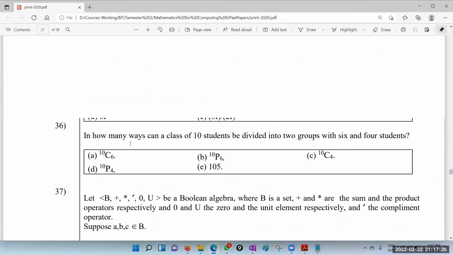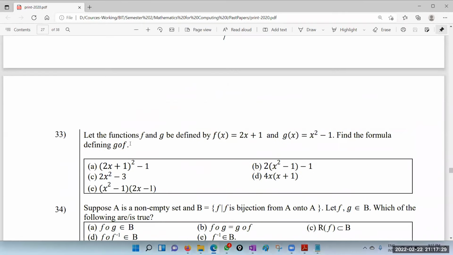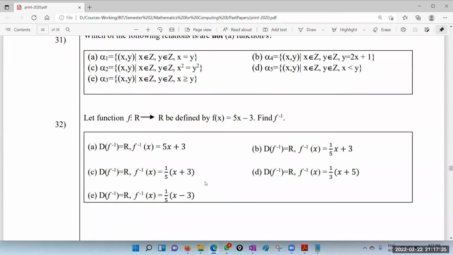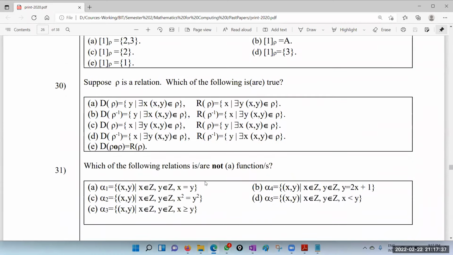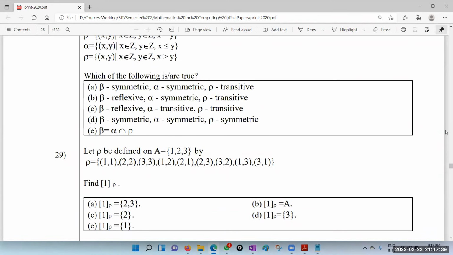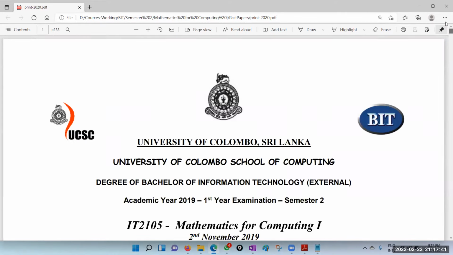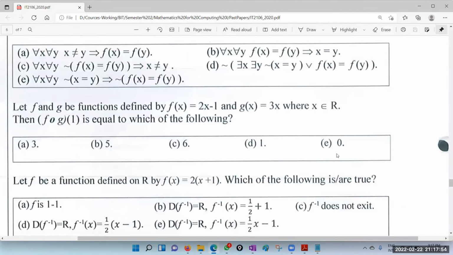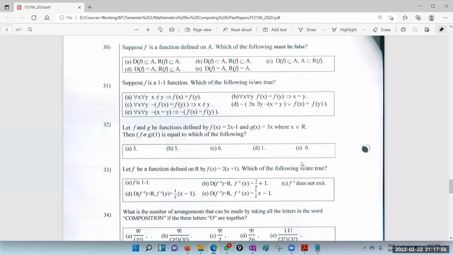Yes, 33, right, thank you. 33, no, right? No, this is a different paper. How come this is a different paper? This is a different paper, sorry. 2020. Sorry, I have opened a different paper. Right, 33.